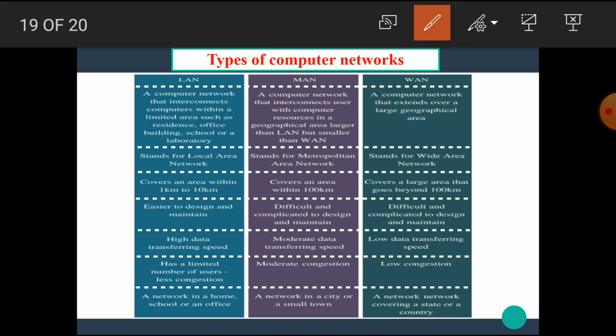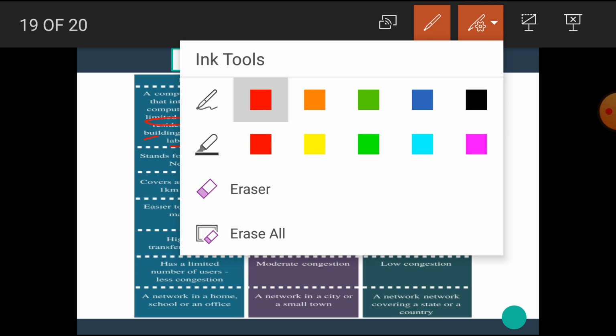Now let's see the basic differences between LAN, MAN and WAN. The first difference is that a computer network that interconnects computers within a limited area such as a residence, office, building, school or a laboratory is a LAN. Okay.